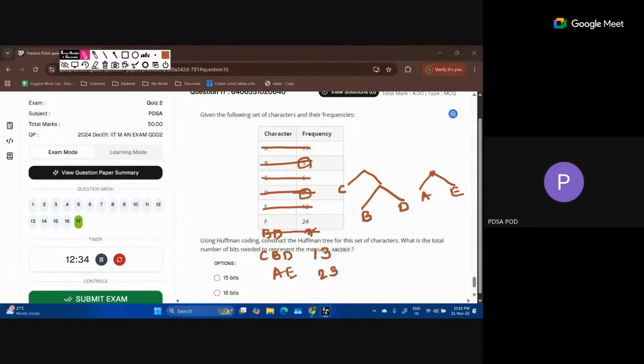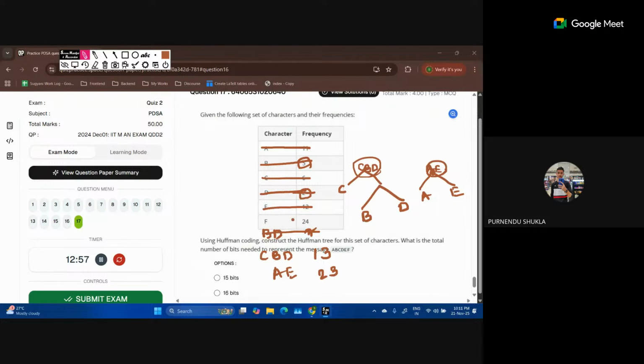It's another separate node that I am creating, and I am labeling it AE. This is a forest now. CBD is not a tree as of now; I haven't constructed the tree yet. This is one tree, and this is another tree.